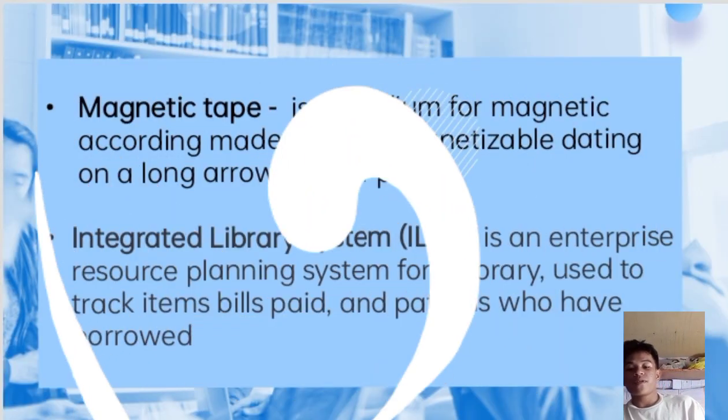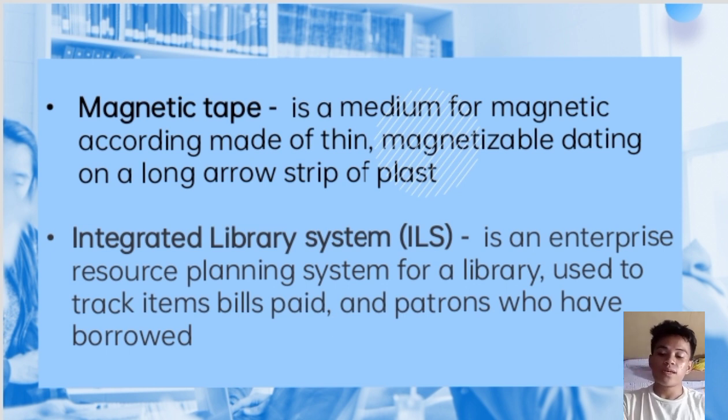One example of electronic information is magnetic tape. Magnetic tape is a medium for magnetic recording made of a thin magnetizable coating on a long narrow strip of plastic.